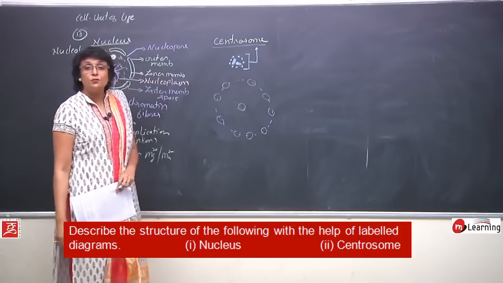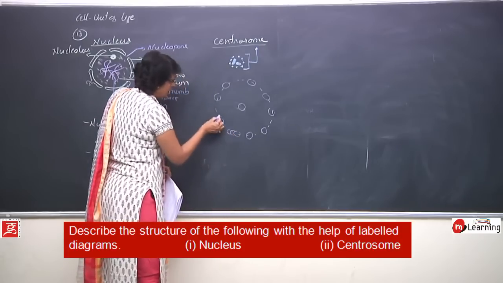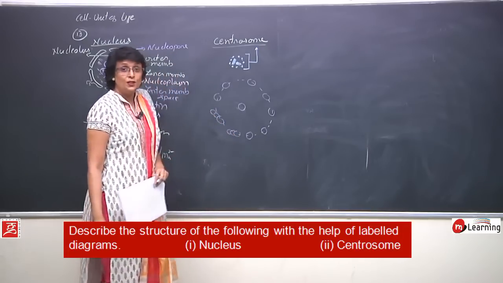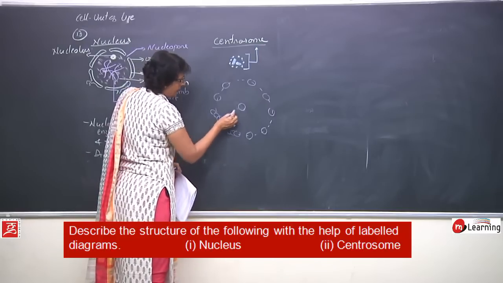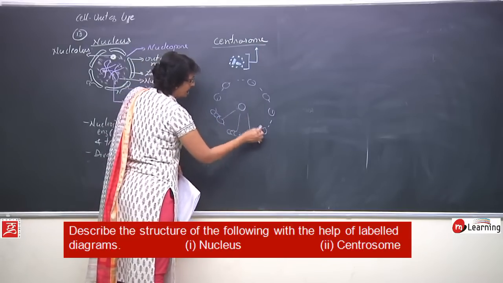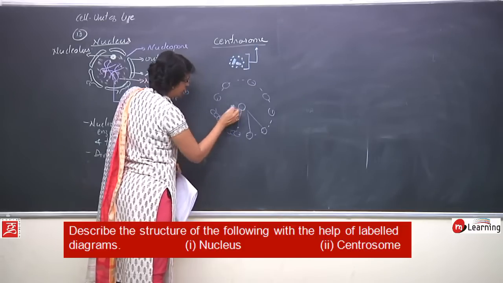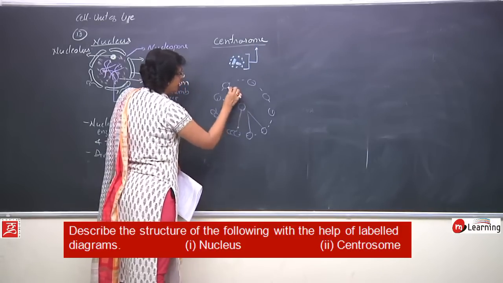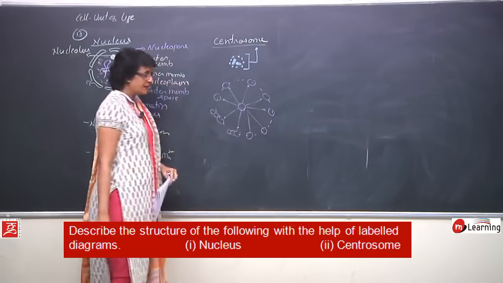These fibers are in the form of triple units or triplets. From everywhere there is a radial spoke arising from the hub, with a thickening at the base. All these structures are made up of tubulin proteins.